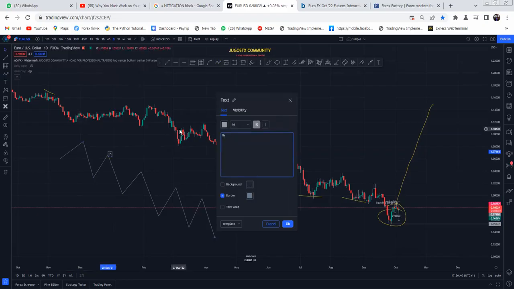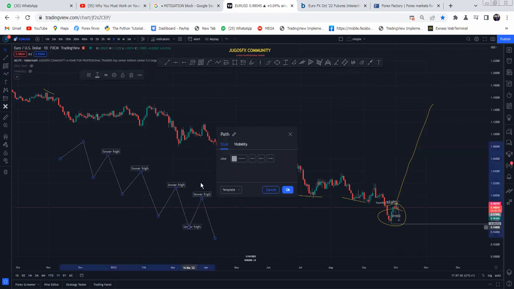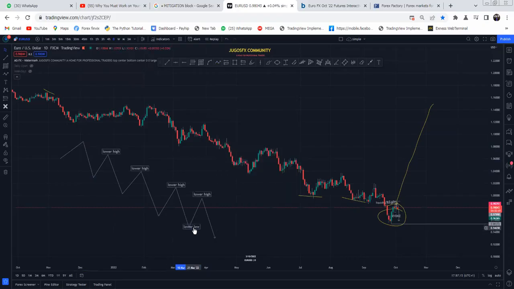Now I'll just abbreviate it. Lower high. That's a lower high right there, and this is another one. The best way to name it is just to put LH, right? This one now is a lower low, lower low, right?